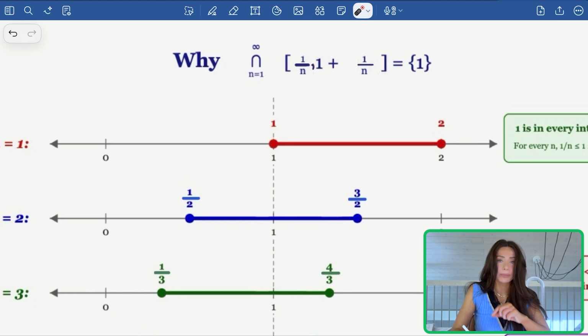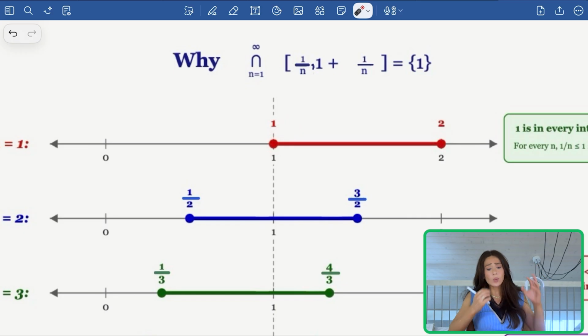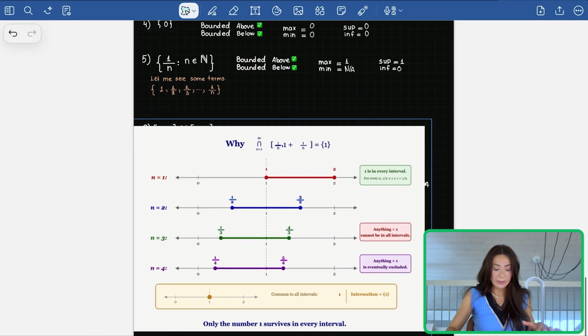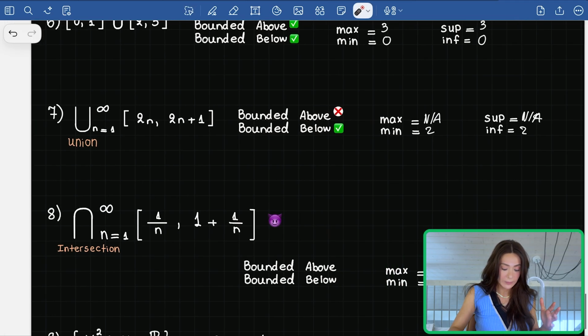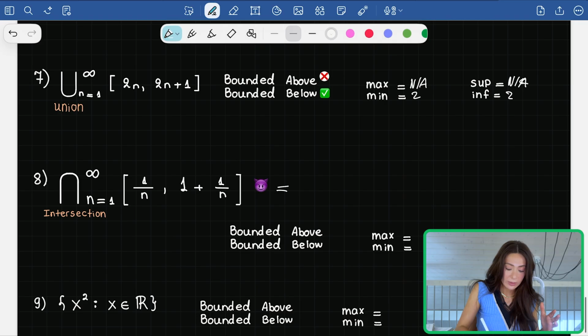Even if this ever became 0, which it doesn't, as we discussed, it still starts with 1. So 1 will always be included on the right side. And 1 is included as the first term, and we have a square bracket there. So this is included. The left is also included. So 1 is the only element that will be in the intersection, because that's the only element that is in every interval. Okay, so the answer to this is a one-element set whose element is 1.